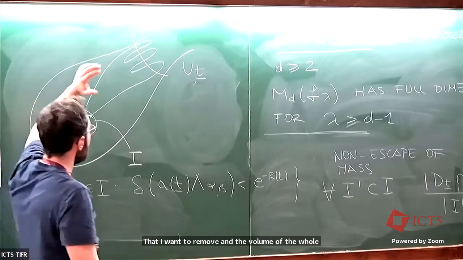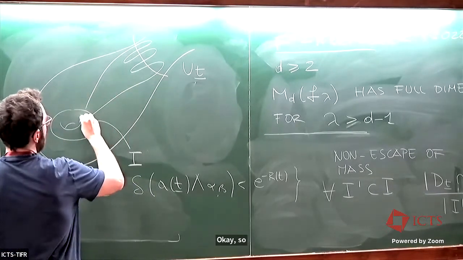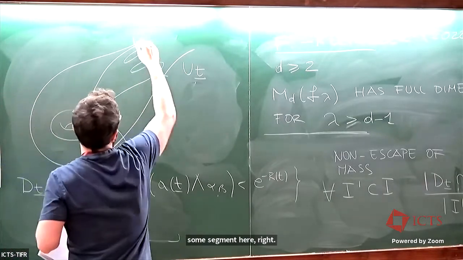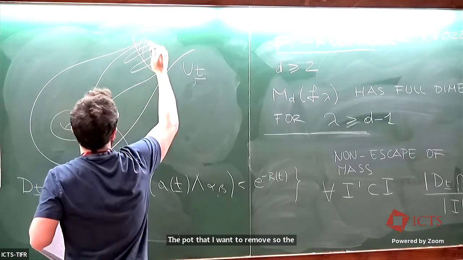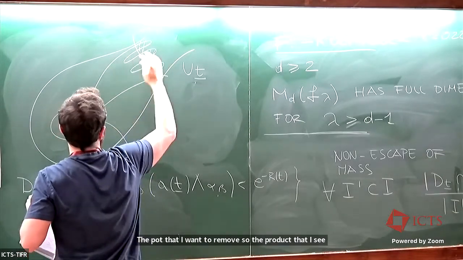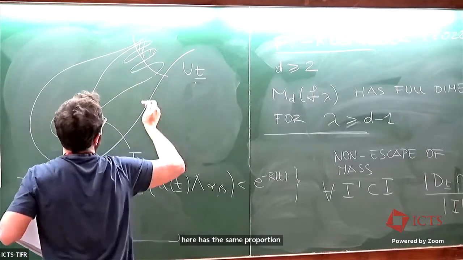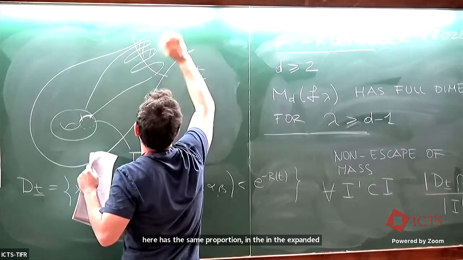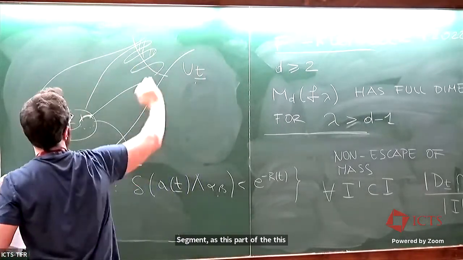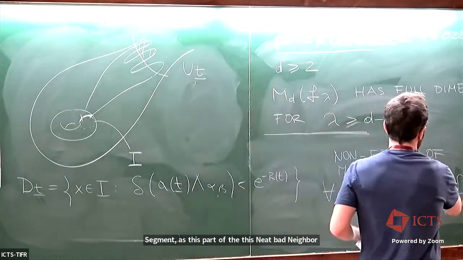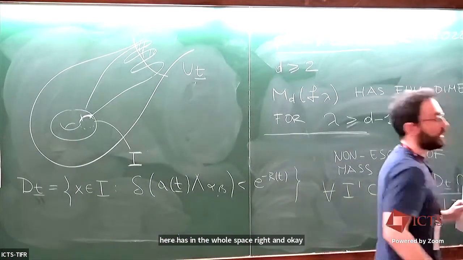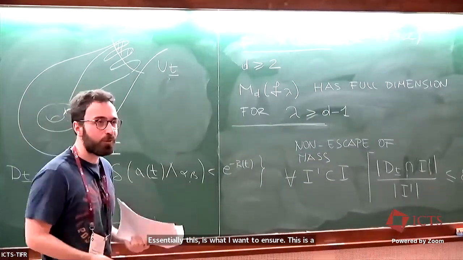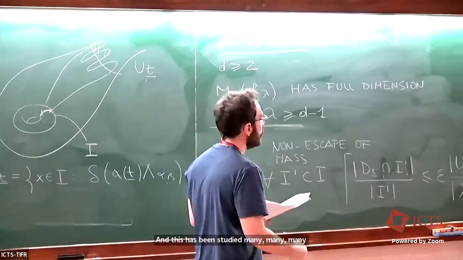Essentially, whenever I have some segment here, the part that I want to remove has the same proportion in the expanded segment as this bad neighborhood has in the whole space, right? This is what I want to ensure. This is non-escape of mass, and this has been studied many times over by Kleinbock, Margulis, and so on.